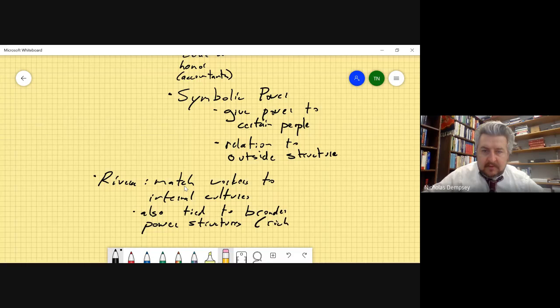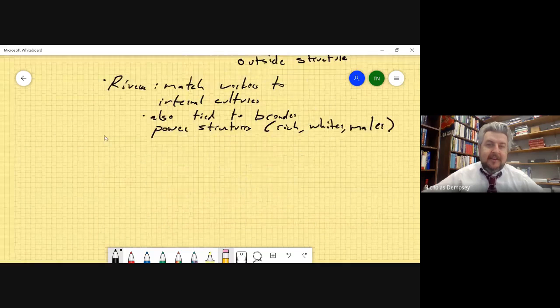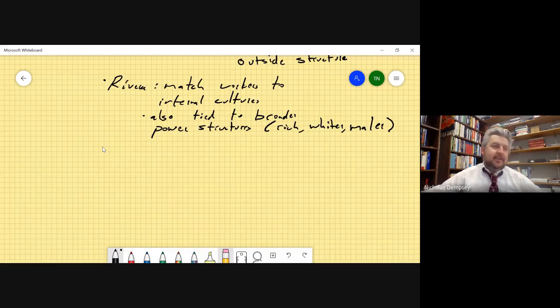So, the richer, the whiter, the maler you are. Is that a word? It is now. Rich white males tend to have the places in the structure that give them access to the cultural stuff that makes you more apt to work at a big five accounting firm or something like that.